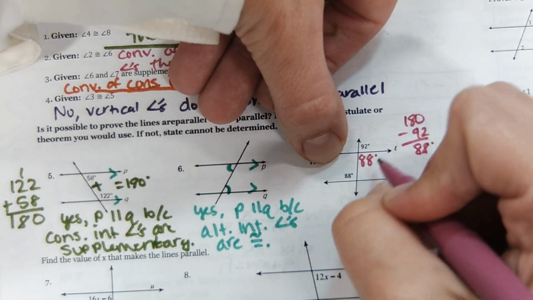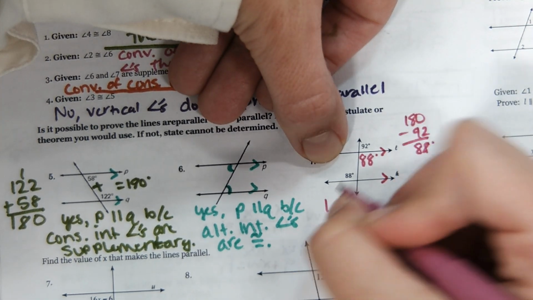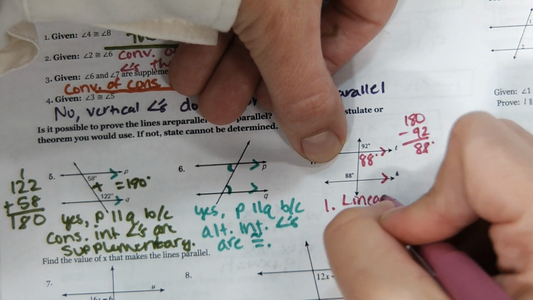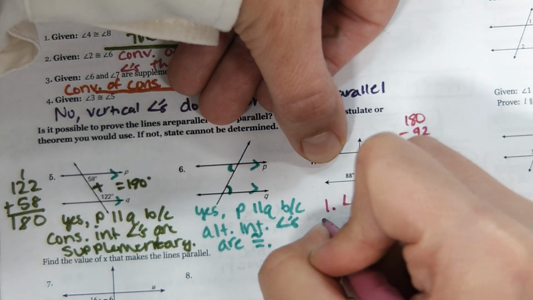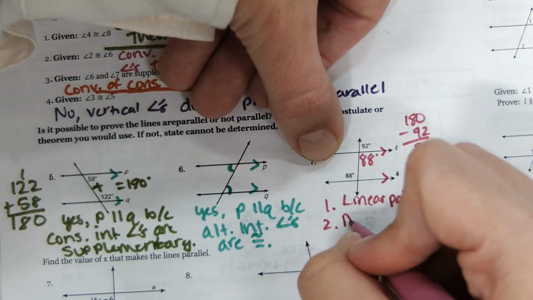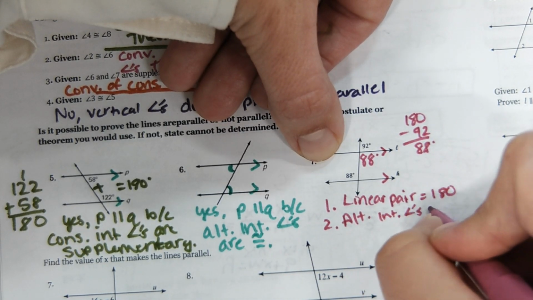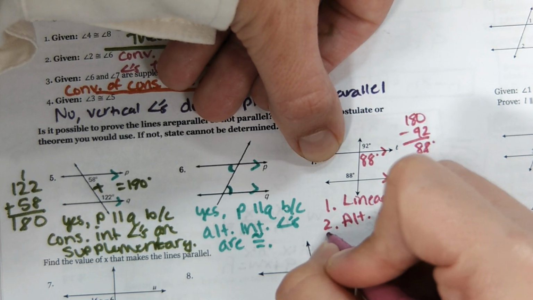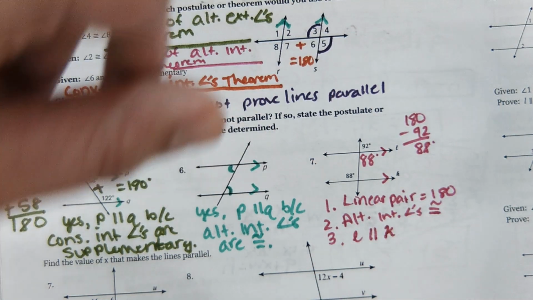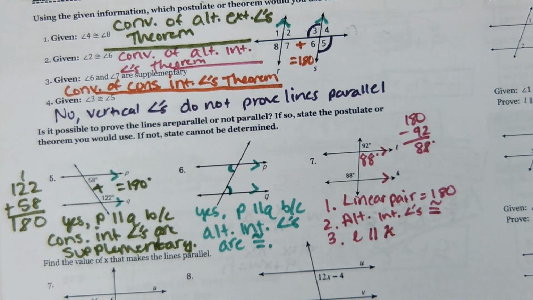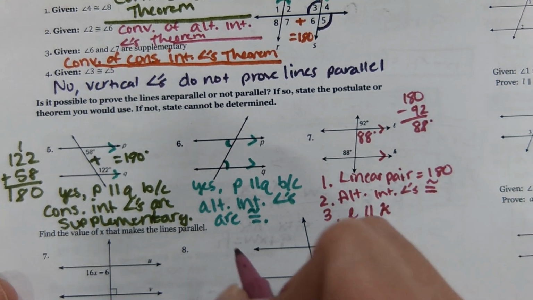And when alternate interior angles are equal, then these lines are parallel. So our reason is linear pair equals 180, and alternate interior angles are congruent. Therefore, L is parallel to K. So kind of like a mini proof.